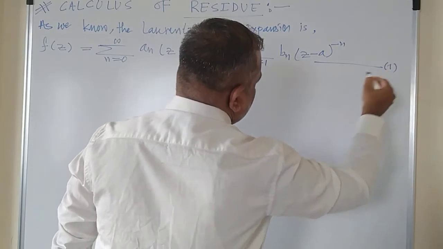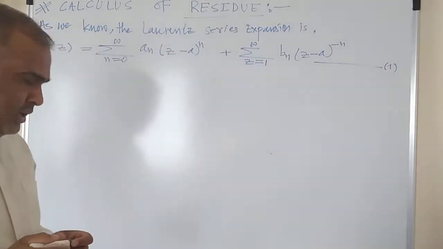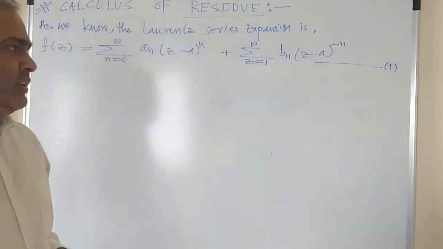Let us say this is equation number 1. So this is a Laurent series.